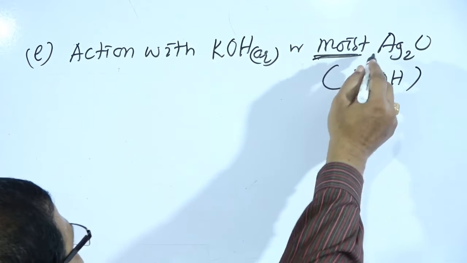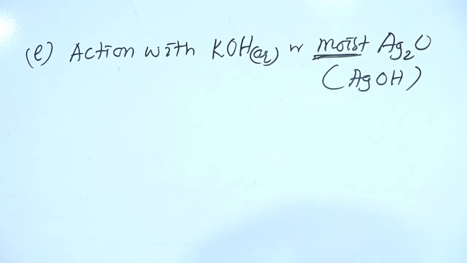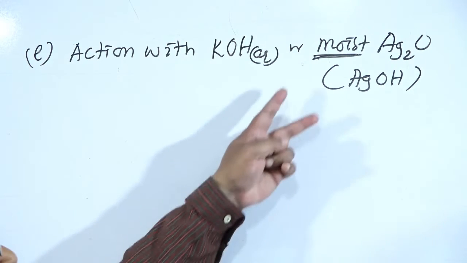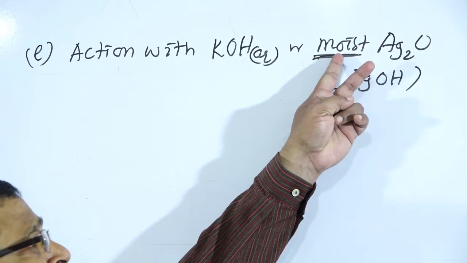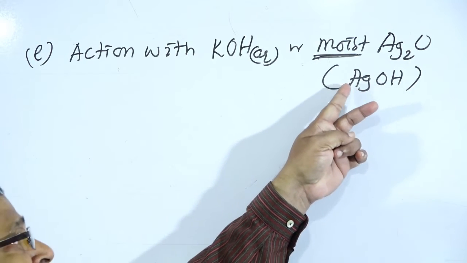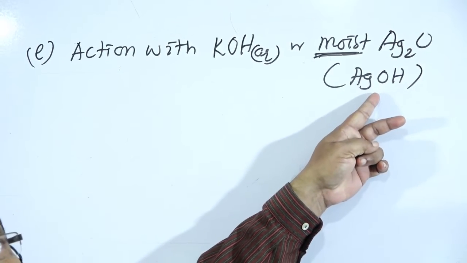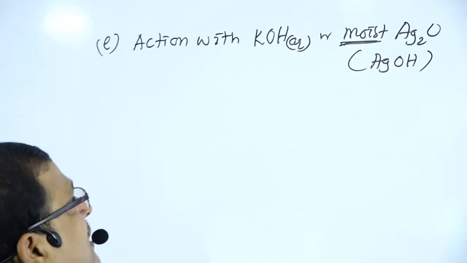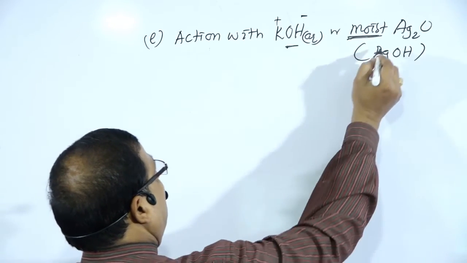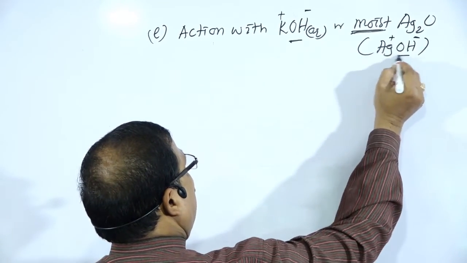Moist means not dry. In the dry condition, there will be formation of ether. But in the moist condition, where water is present, silver oxide combines to form AgOH, Ag plus OH minus. The nucleophile is OH minus. In aqueous KOH, K plus OH minus, and in AgOH, Ag plus OH minus, the OH minus acts as nucleophile.